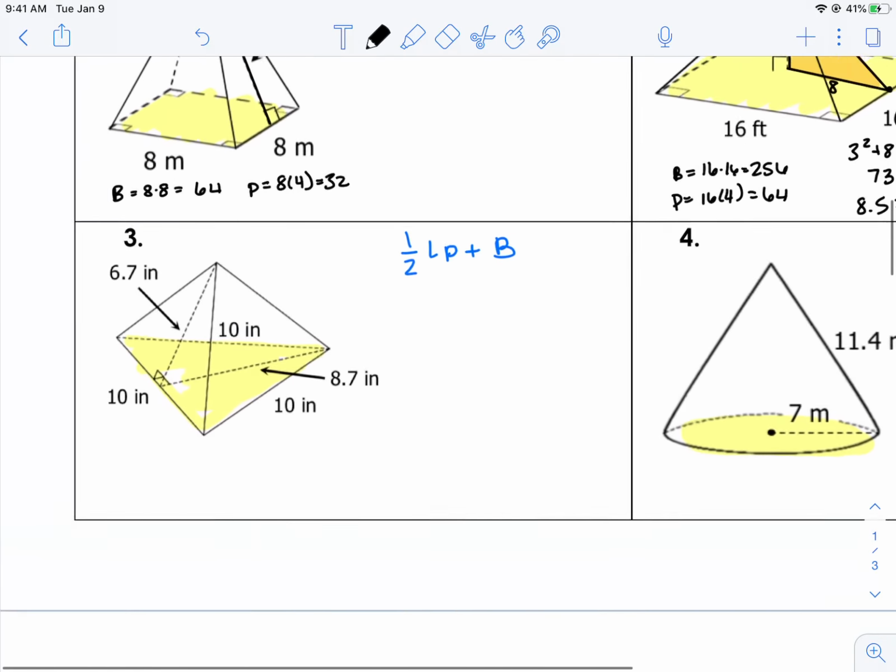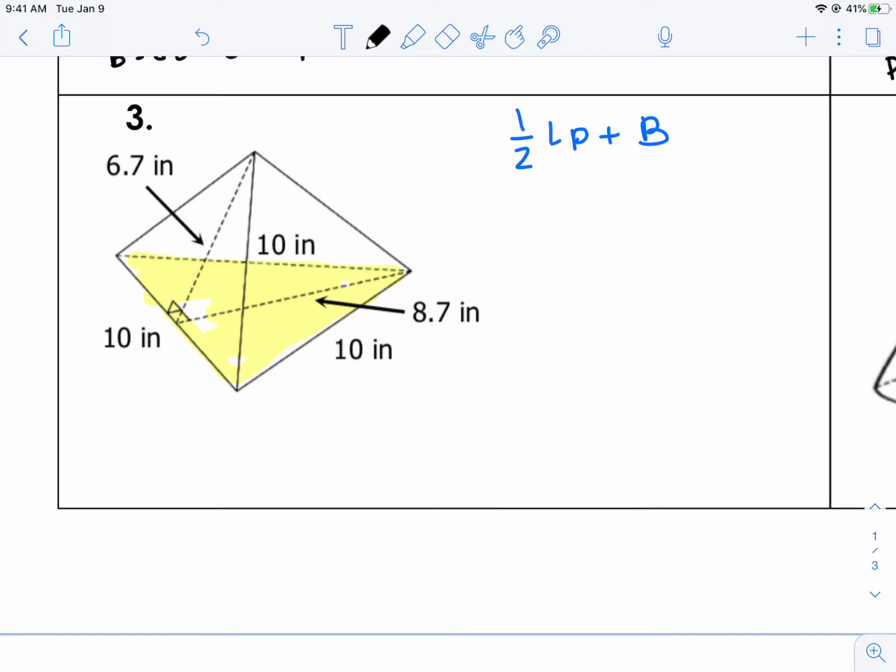Okay. Number 3, it's a triangular pyramid. So I'm going to find the area of the base first, just because I think that's a good starting point for us. Okay, so area of the base, our base is a triangle, so that formula is 1/2 base times height. My base is 10, and my height, they tell us, is 8.7.